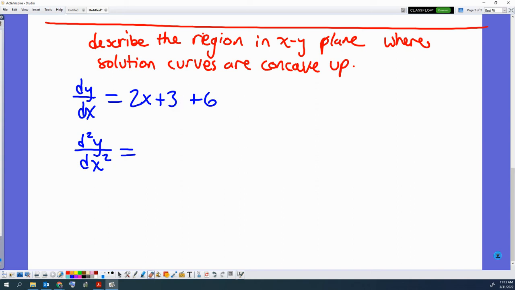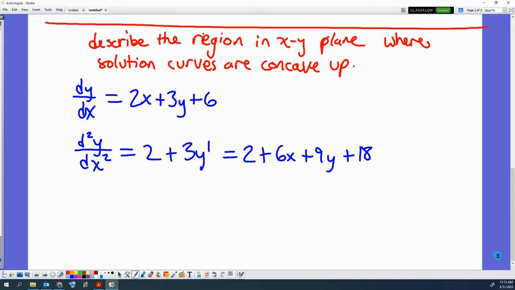It was 2x plus 3y, right? Okay. So what's the derivative of 2x? 2, yep. And what's the derivative of 3y? 3y prime, very good, which is y prime, right? So that whole thing is going to get plugged in. And of course, the derivative of 6 is 0. And so we get 2 plus, and then we're going to distribute 3 into y prime. So we're going to get 3 times 2x, which is 6x, 3 times 3y, which is 9y, and 3 times 6, which is 18.